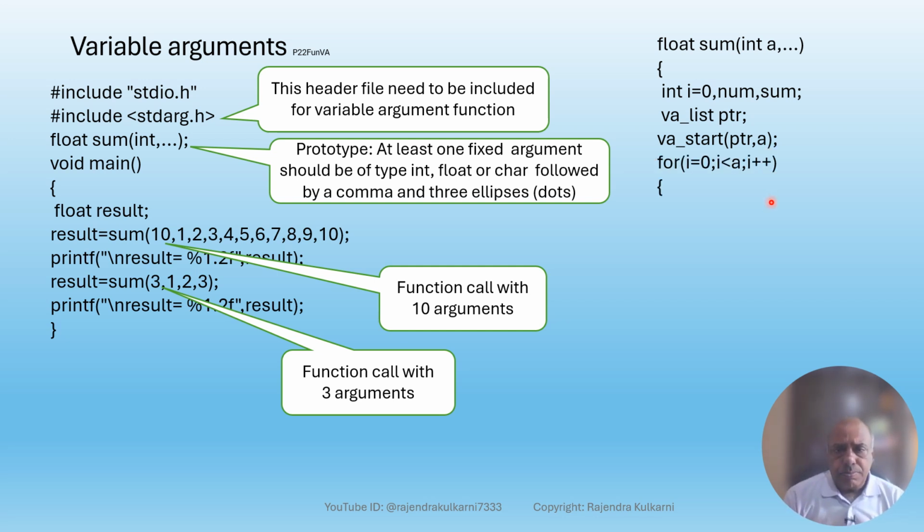Then there is a loop. In the loop, we want to iterate a number of times, where a is 10 in this case. We have the statement num is equal to va_arg(ptr, int).